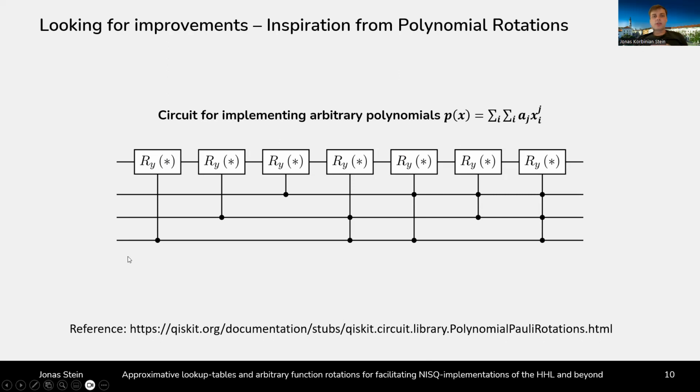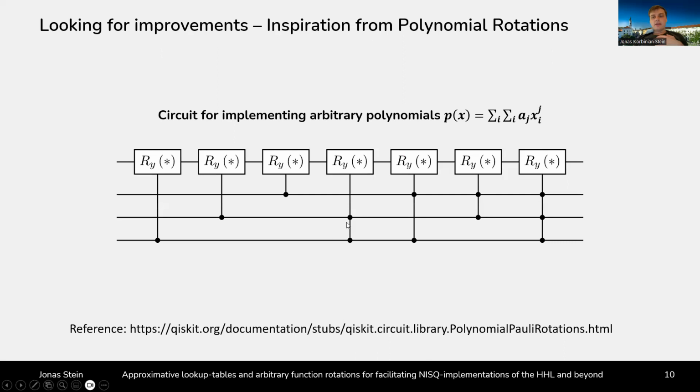It's still exponential, but the cool thing here is now the controls are quite a lot smaller in the number of qubits involved, basically, and usually the angles are also a lot smaller, and more of them contribute. It's not just one gate for one input, but for one input, multiple gates can fire, basically.